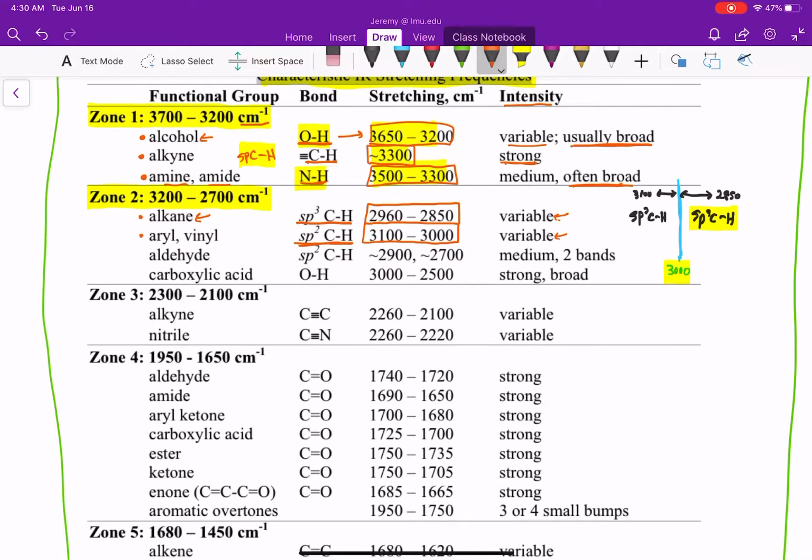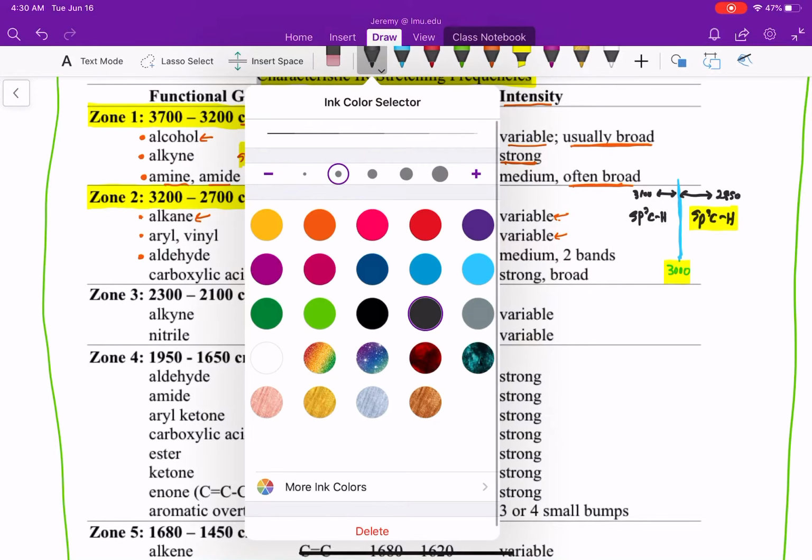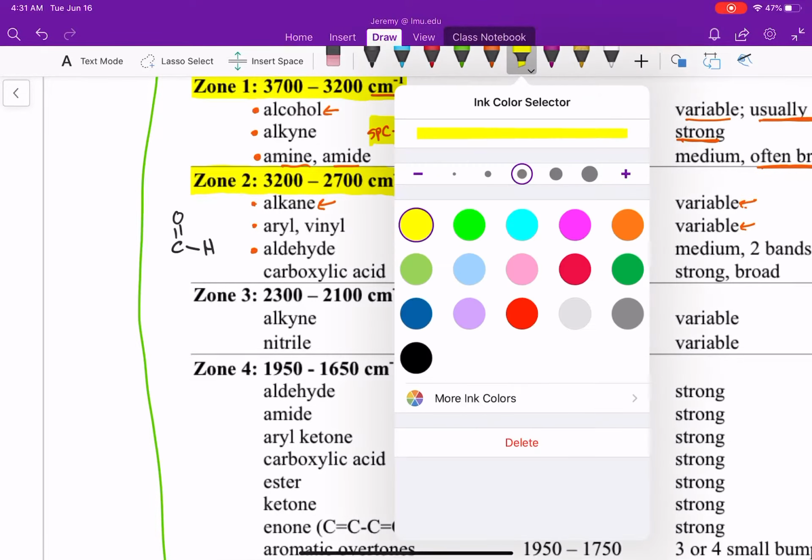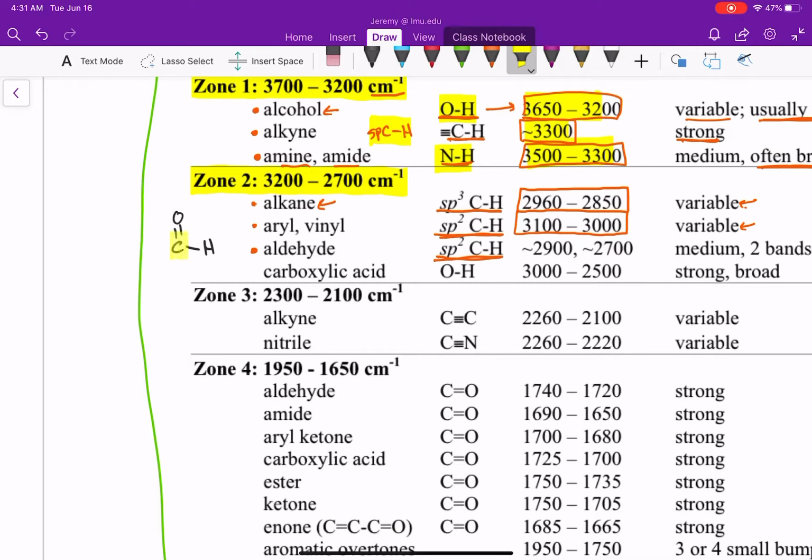Next is an important peak, an aldehyde peak. This is the sp2 C-H bond. So let's draw that out here. If you remember the aldehyde functional group, we're specifically looking at the sp2 carbon to hydrogen bond, this bond right here.